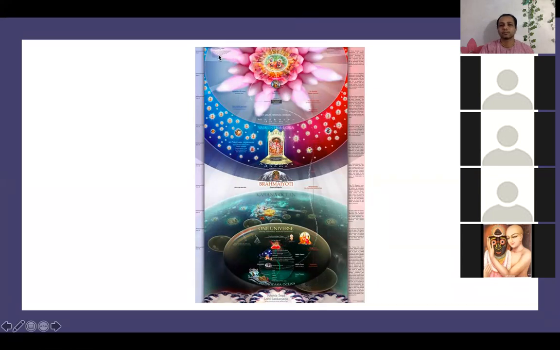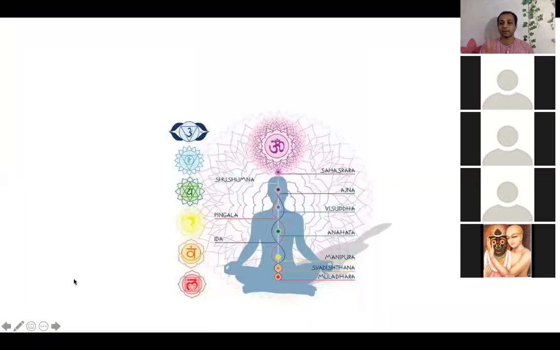When you are focused on enjoying, the yogi, like I told yesterday, needs two things: practice and detachment. For example, a yogi attains siddhi of Muladhara chakra, or Swadhisthana chakra. So he can float on water, he can do this, he can do that.